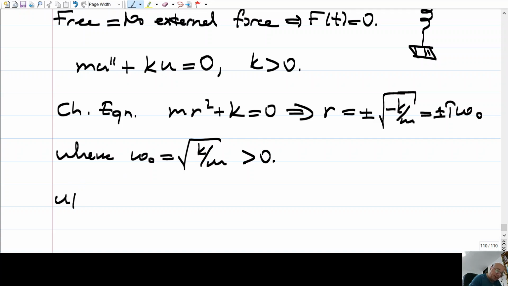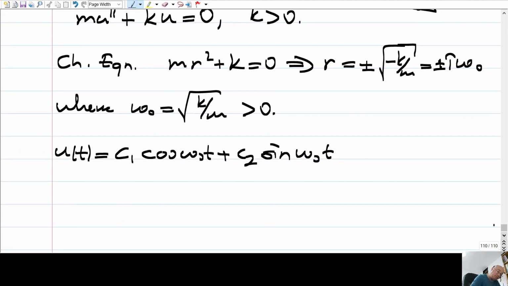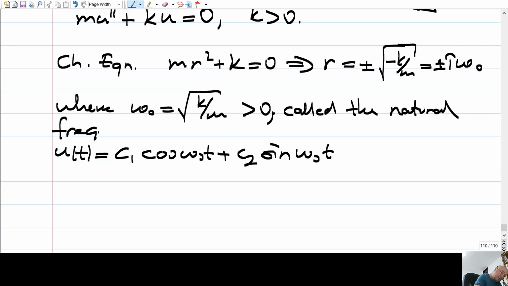Note that in this case, this is just the general solution, C1 times cosine omega 0 t plus C2 times sine omega 0 t, right? And omega 0 is called the natural frequency of the system.